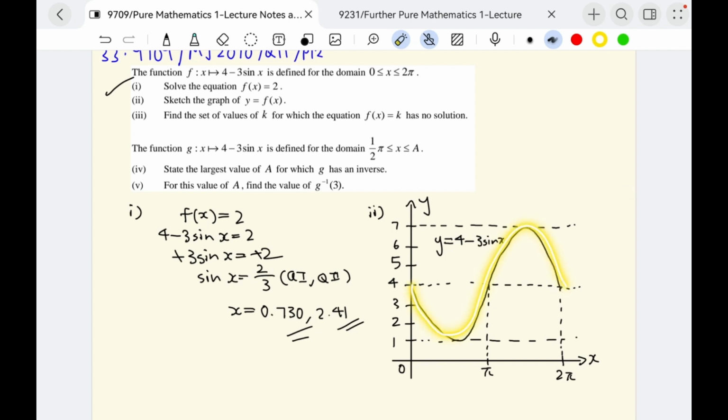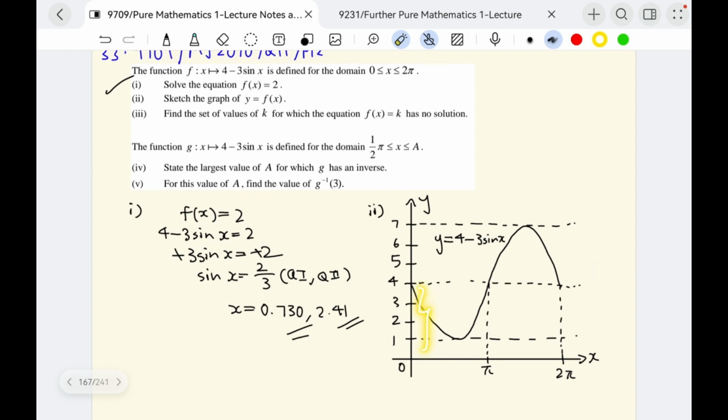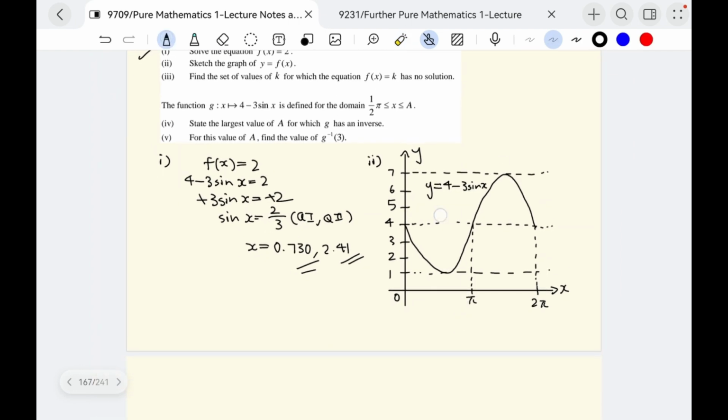Then 3 means the amplitude stretch, which means that each vertical distance here and here must be exactly the same. Third, you must show the examiner that your graph has shifted upwards by 4 units vertically, which means that your starting point of this function is from (0, 4). Following these 3 transformations or conditions is enough for you to obtain full marks for the graph sketching.